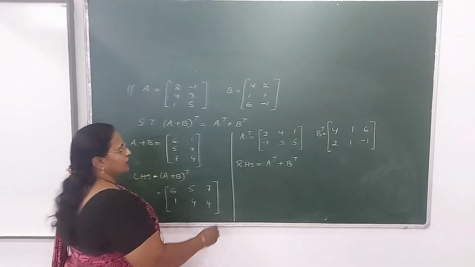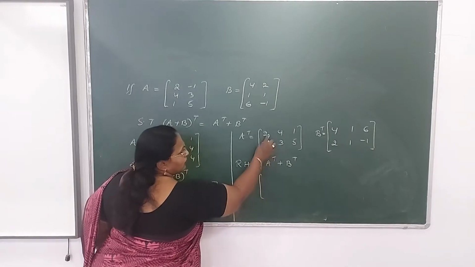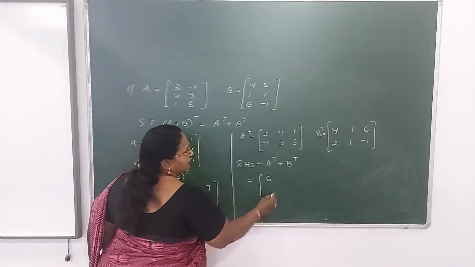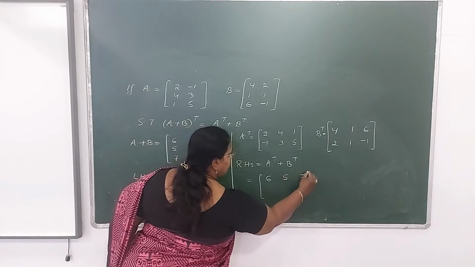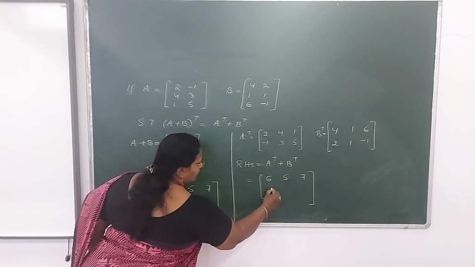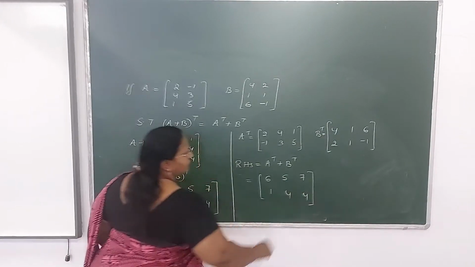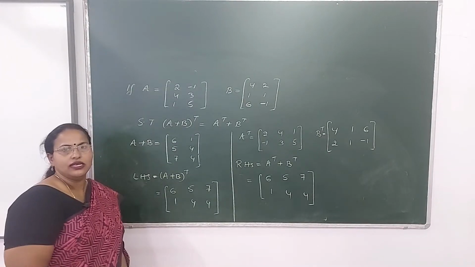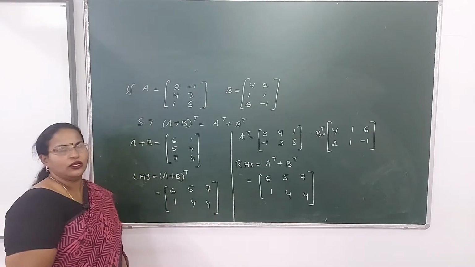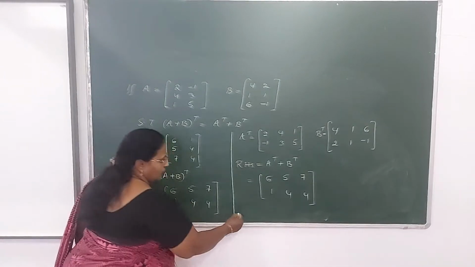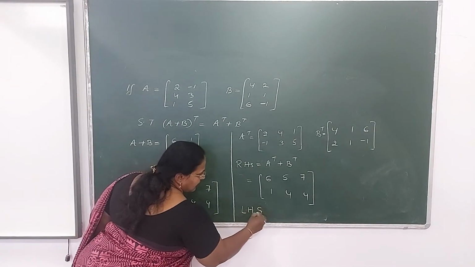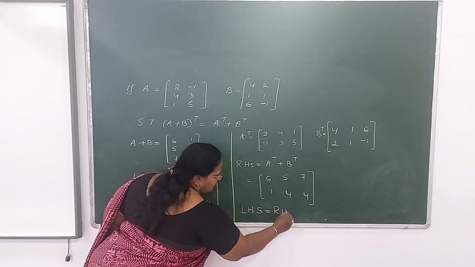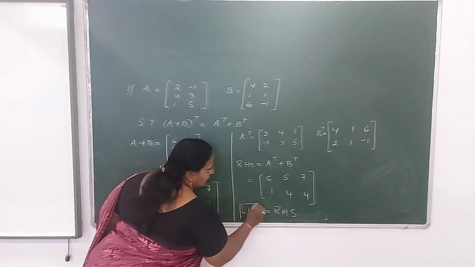Add the two. So here you will get 2 plus 4, 6, 5, 7, 1, 4, 4. Now see the left and the right side. Are they equal? Yes, they are equal. So that way you will reach the conclusion that LHS is equal to RHS. Hence it is verified.